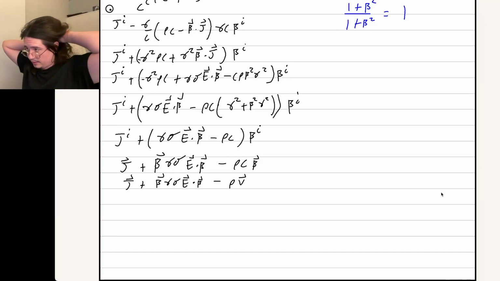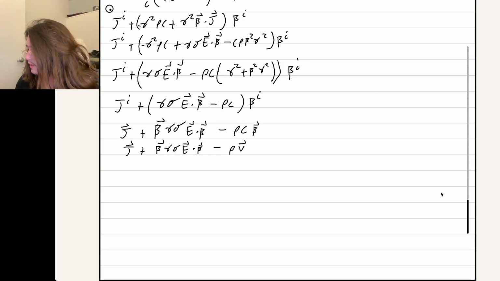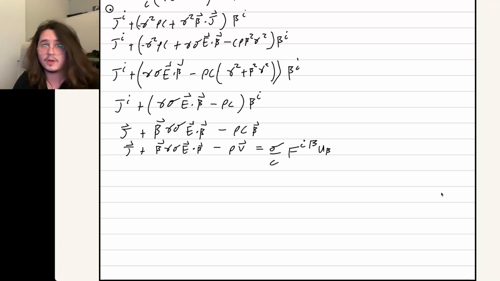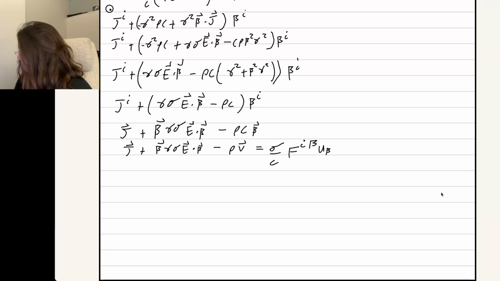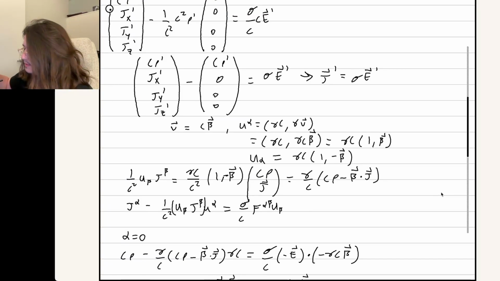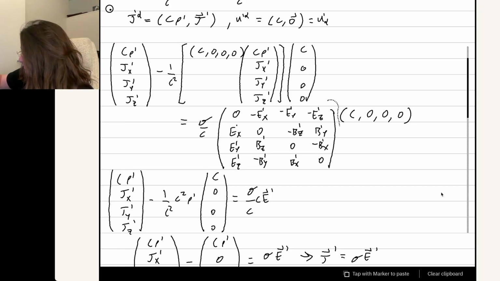Okay, now we have to do the right side of the equation, which, reminder, was sigma over c f_i beta u_beta, but then we're going to end up summing over i. So I'm going to grab my field strength tensor that I wrote down before in painstaking detail. This thing is a pretty nice thing to have.